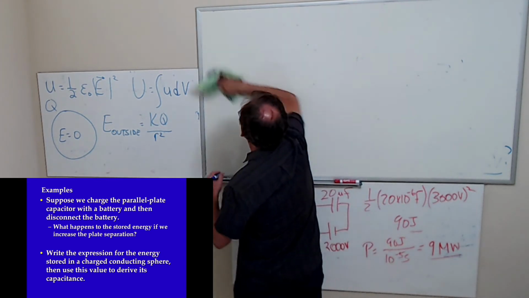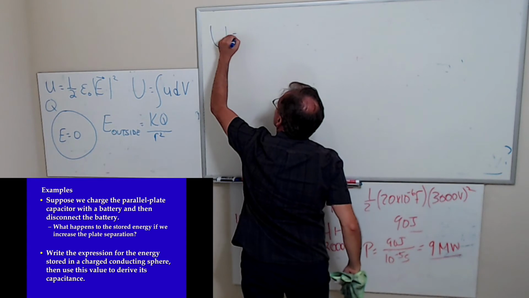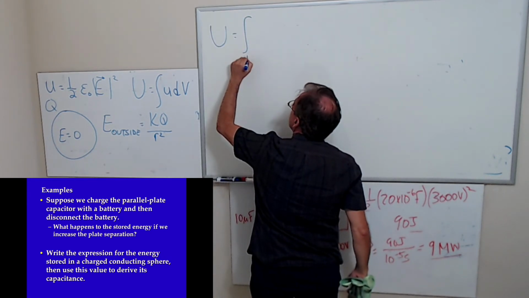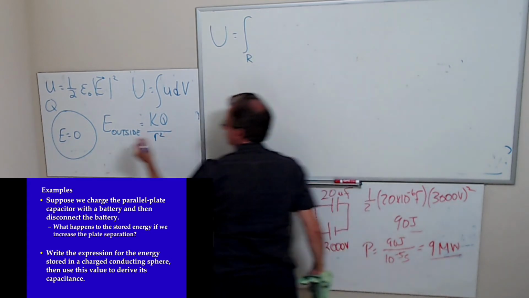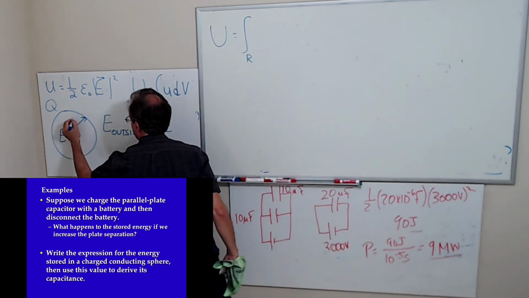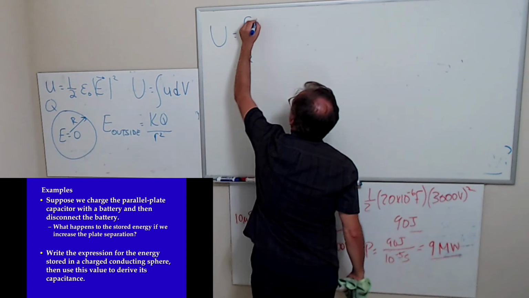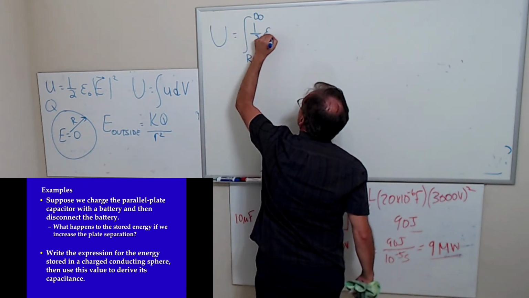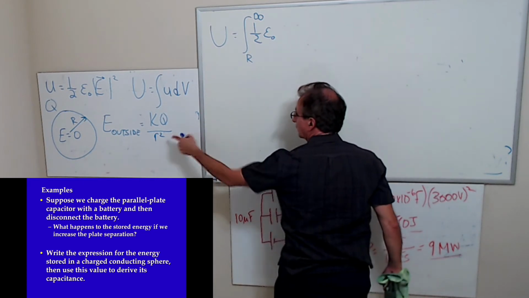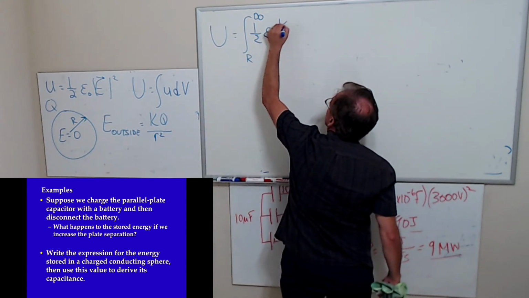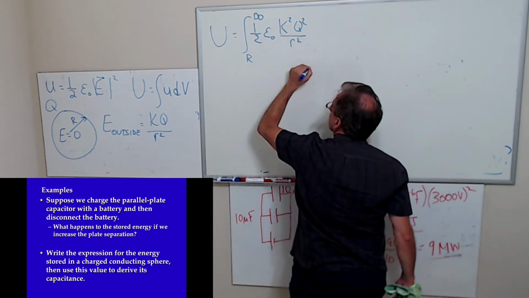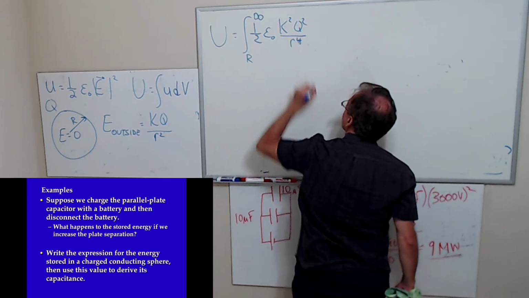So then to find U, it's going to be the integral from the surface of the sphere, R, so I didn't draw that in, sorry, all the way to infinity, of 1/2 epsilon naught, and then this guy squared. Oops, a fourth.